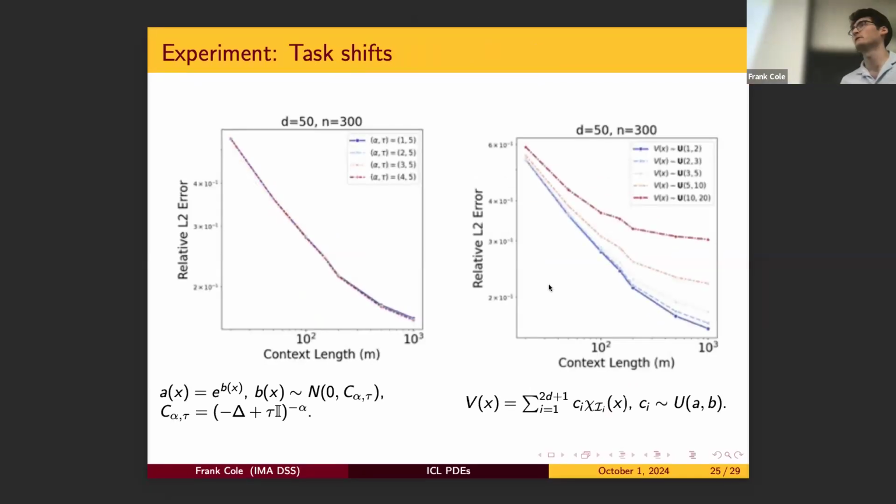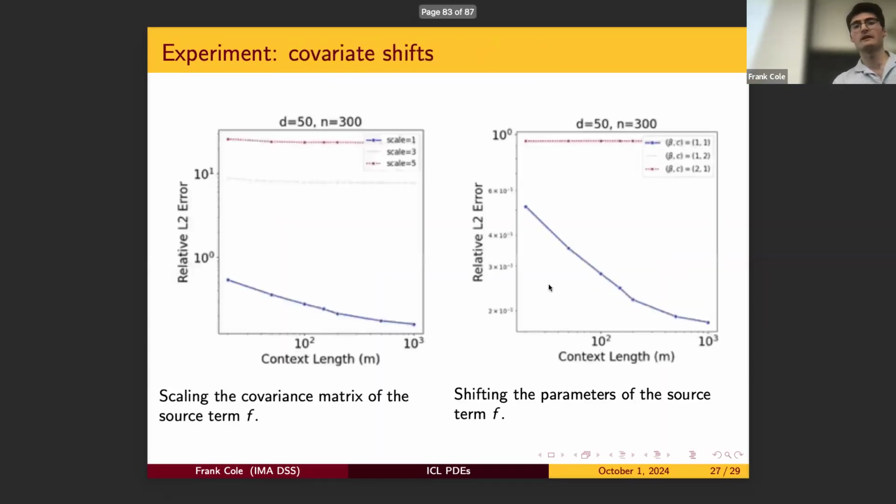So this shifts the smoothness of the covariance. In either case, you see that the transformer is very brittle under these distribution shifts.